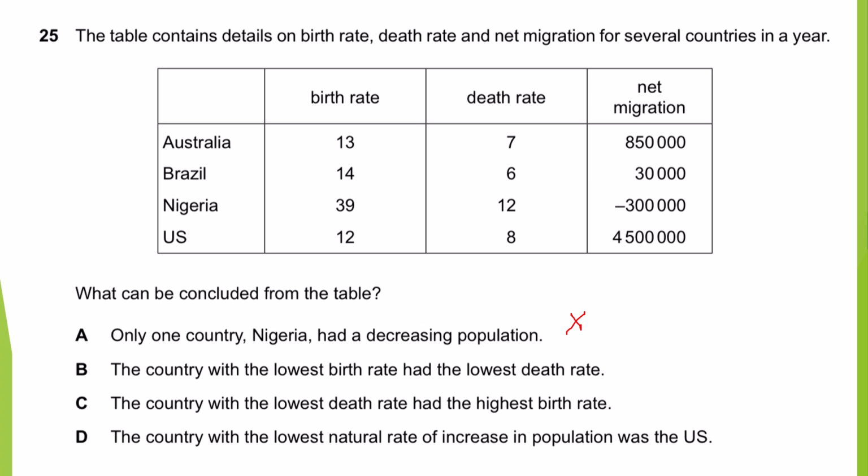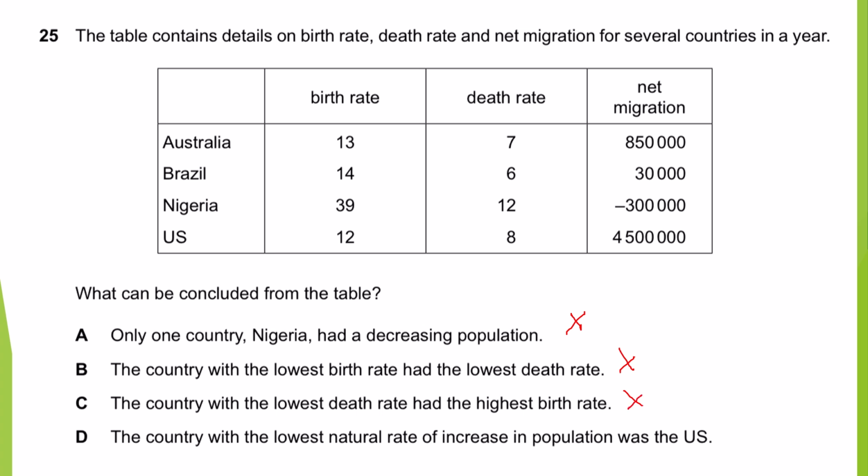No, the lowest death rate is with Brazil. So this is not the correct answer. C: The country with the lowest death rate has the highest birth rate. No, the lowest death rate is with Brazil and the highest birth rate is with Nigeria.